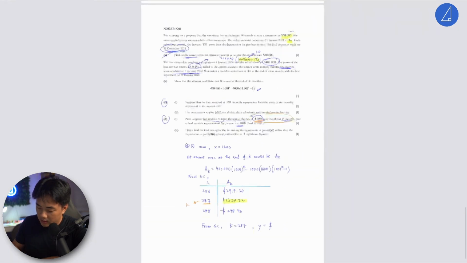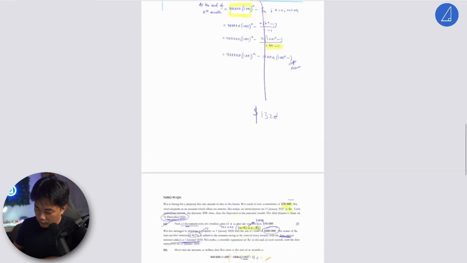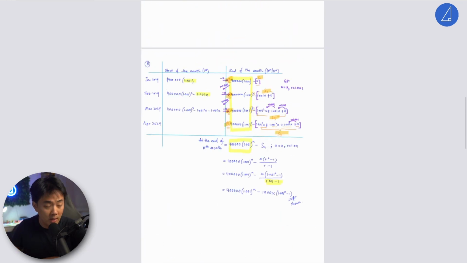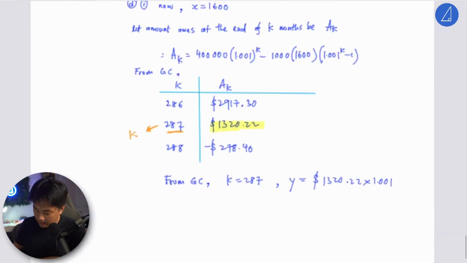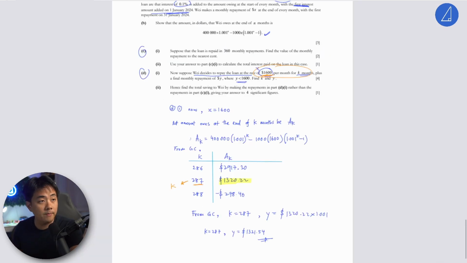Imagine if we go down the list here, there's a 12917, so 1320.22, right? Then we just need to multiply by the interest, because the bank will charge interest, then you pay the amount, right? So Y will be 1320.22 multiplied by 1.001. Okay, there's that. Then just do that. Great. Okay, that's about it.